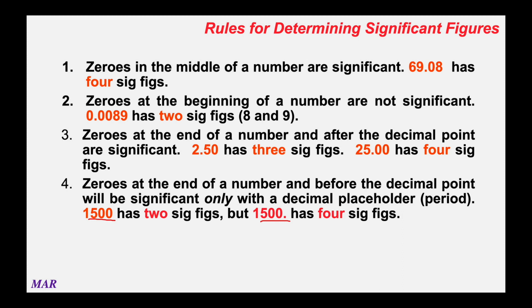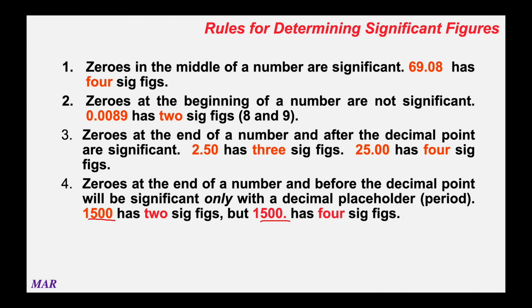We could write that 1.5 times 10 to the third, and the zeros go away. On the other hand, 1500 with a dot means that the zeros are significant. So 1500 with a dot would be 4 sig figs, and we would write that 1.500 times 10 to the third.